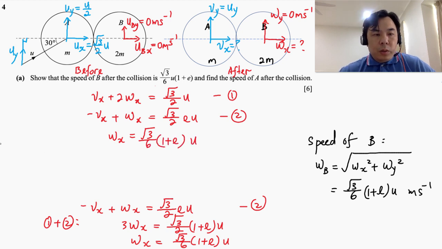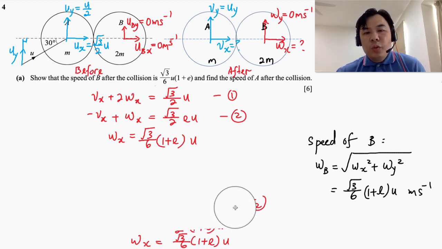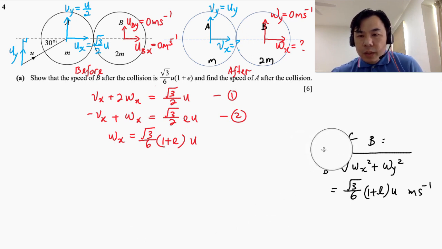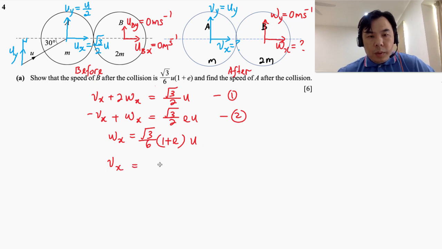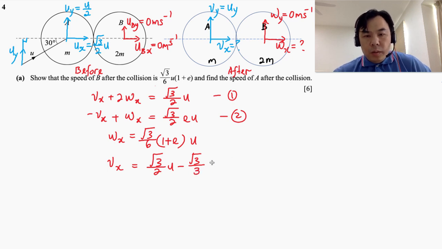Okay, now I just need to solve for my u. Sorry, not u, Vx. Okay, just let me clear everything. Okay, so for Vx is quite obvious in this case, so maybe I'm going to use that. That will be root 3 over 2 u minus root 3 over 3, 1 plus e u here.